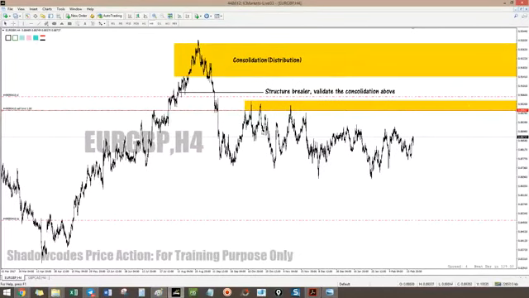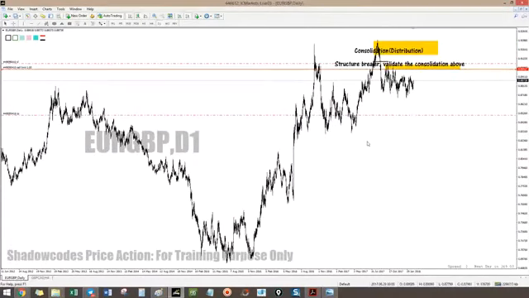So this is how you want to trade this thing, because on daily structure it just started a sell. Okay, so it just started one here, another one here, and should be another one here.